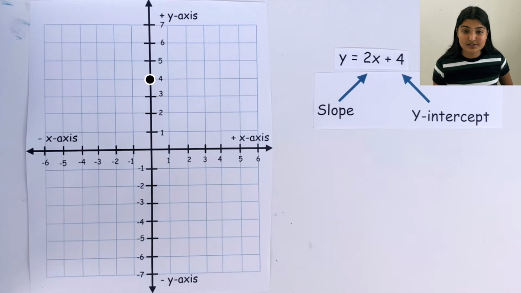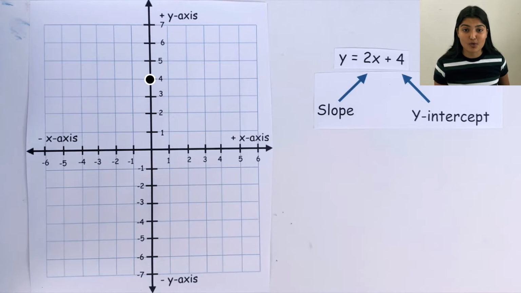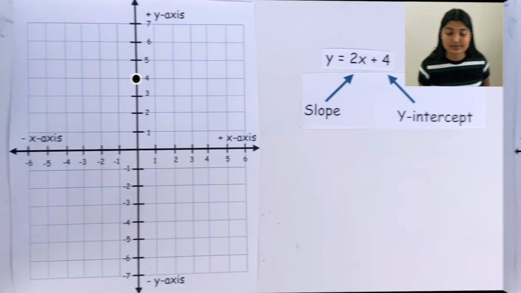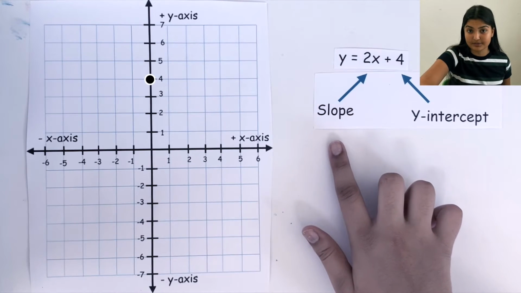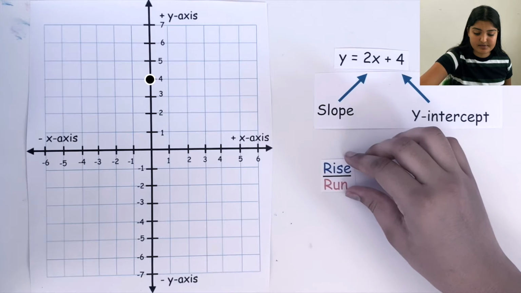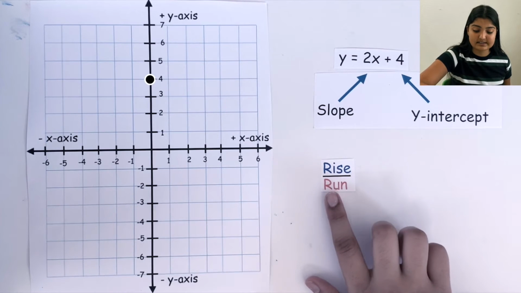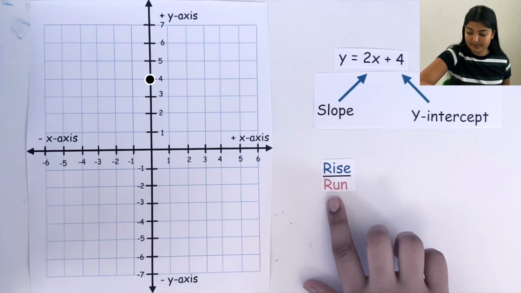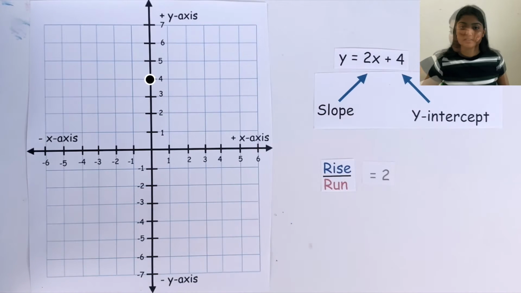But in order to draw a line, we need 2 or more points. So how can we find another point? Well, we can use the slope of our line. Remember that we can calculate slope by the rise upon the run. In this case, the slope of our line is 2.